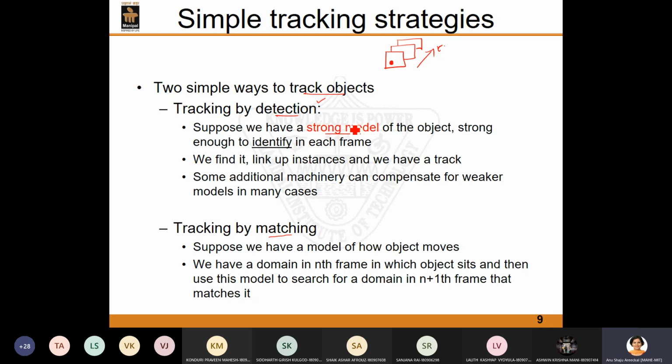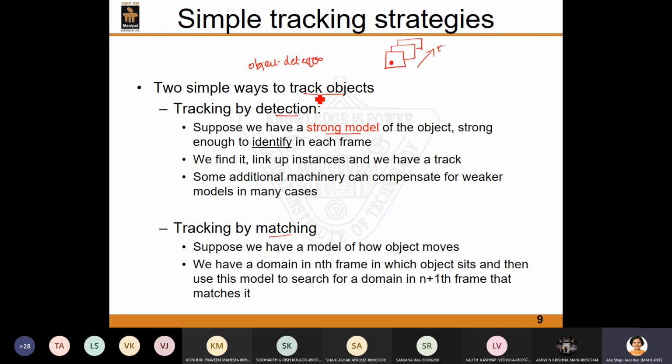For example, if it's the face of a person, it should be a strong face detector. Or if you're trying to detect a ball or some other object, depending upon the object, that particular kind of object detector has to be used.